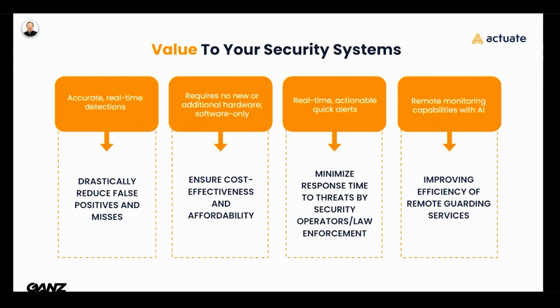So we're basically drastically reducing false positives and ensuring cost effectiveness and affordability. We're minimizing those response times, as well as improving the efficiency of remote guarding services. So that's a lot of value, and it goes without saying that that type of combination can really add a lot to any security surveillance system.